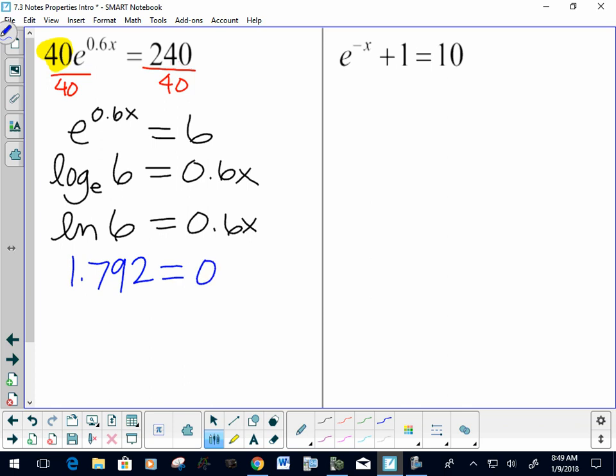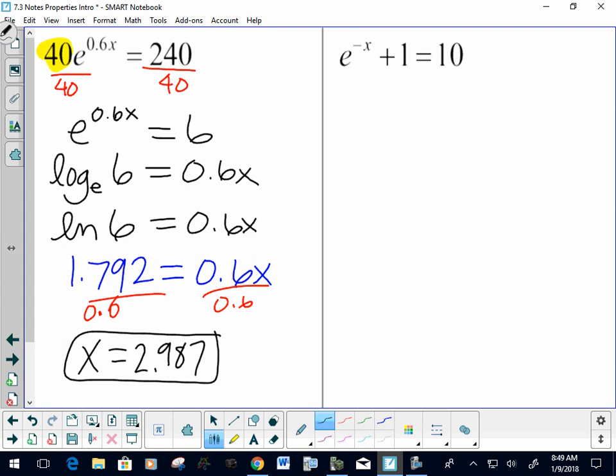And that's equal to 0.6x. So then our last step would just be to go ahead and divide both sides of the equation by 0.6. So we get 2.987.